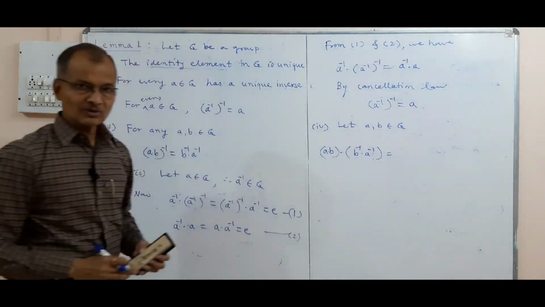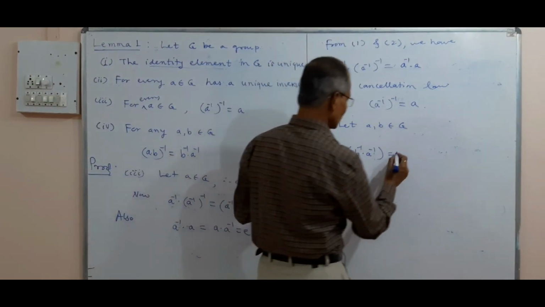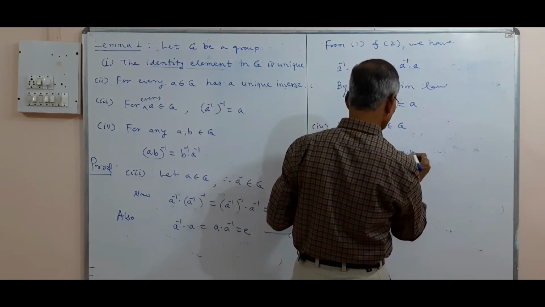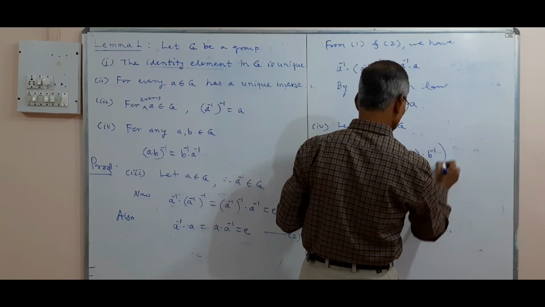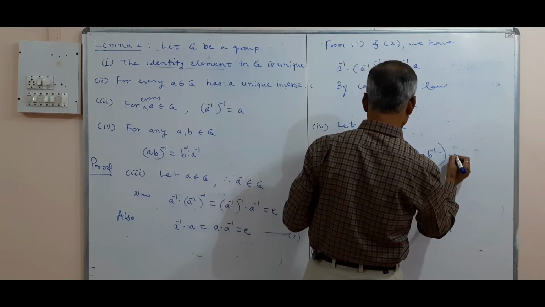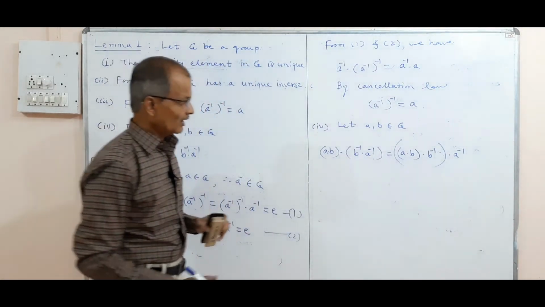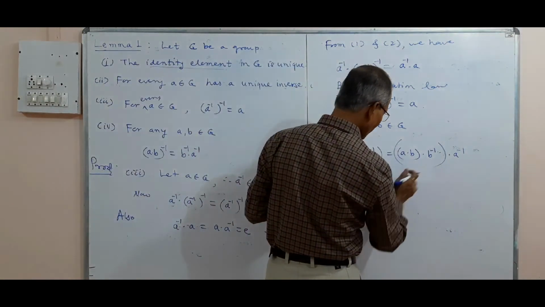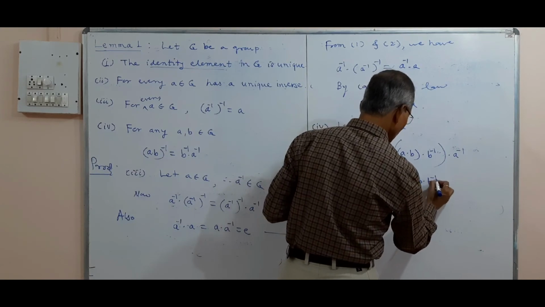Now we may use the associative property and we group the middle two. So we can write AB, B inverse, A inverse, associative law. And then we use the associative law again for this. So this is A into B into B inverse, A inverse.